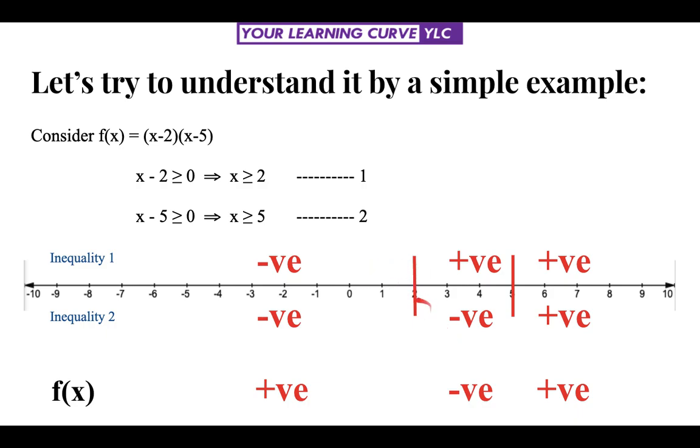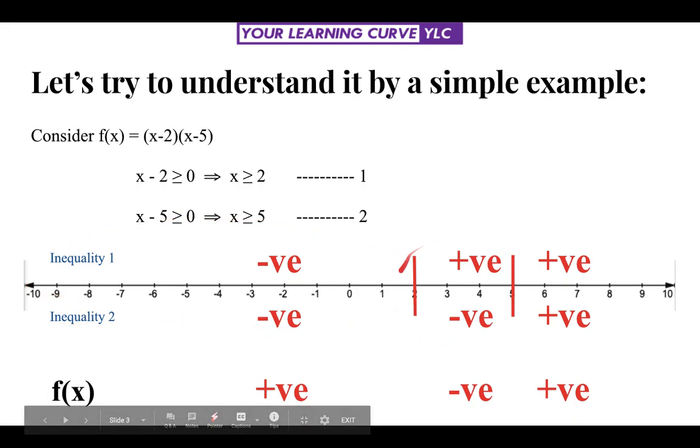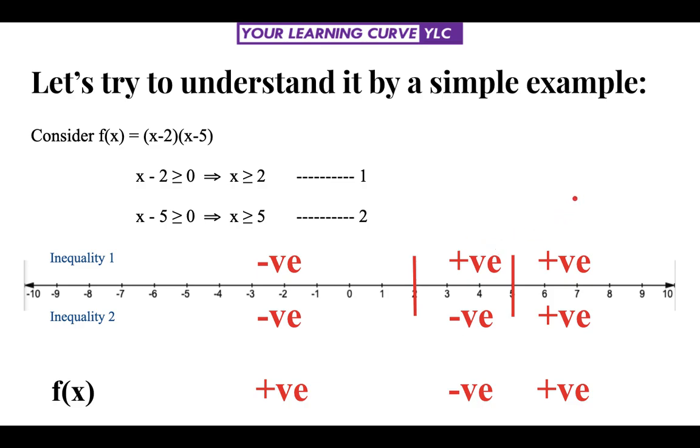So we have divided the number line into three parts. The first part is less than 2, the second part is between 2 and 5, and the third part is greater than 5, that is 5 to infinity. If we need to find the sign of the function f(x), then we start from plus infinity.